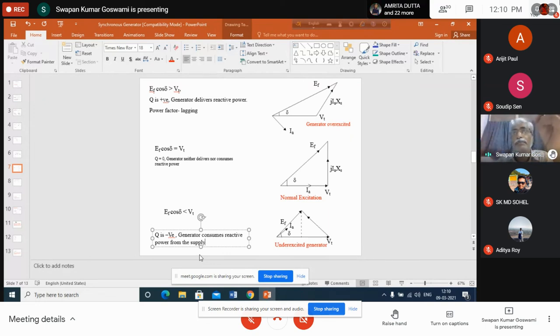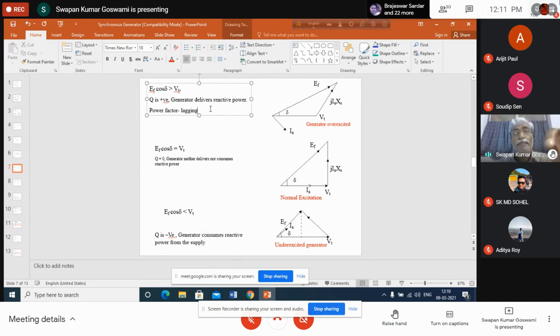It is drawing active power, but since it is capacitive in nature, it is supplying reactive power and the generator is consuming this. So you see that the power factor of the generator is decided by the nature of the load. When the load is capacitive, the generator operates at leading power factor.